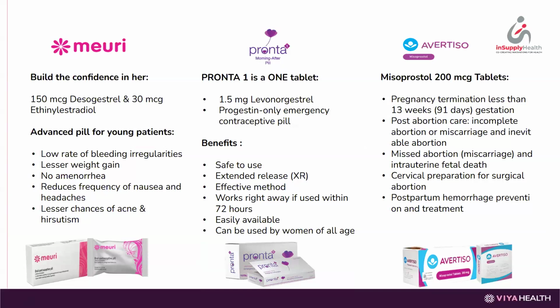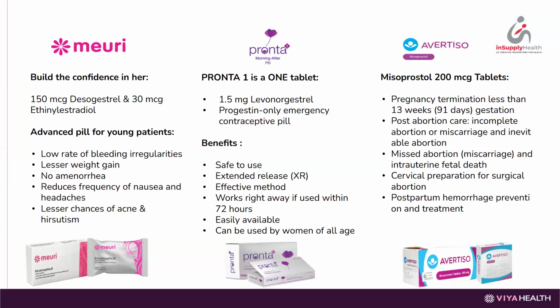Then we have Pronta, which is Pronta 1. It's one tablet. I know most of our customers are used to the P2, which is two tablets, but we have one. It's safe to use, extended release, and quite effective. We also have Misoprostol, that is Avatiso.